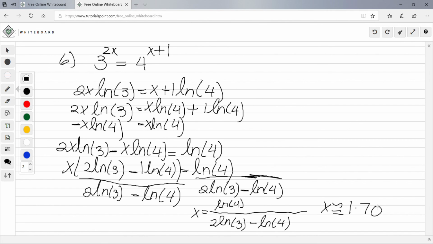And then the last part is just checking it. So I'm going to go back to our original equation, and we said that x is about 1.70.